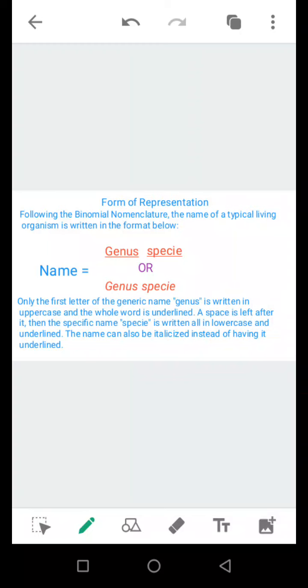So the difference between the first method of writing and the second form of representation is that the first one was underlined while the second one was just italicized, but we maintained the order of having the first letter of the genus in uppercase form. That's better. So let's proceed.